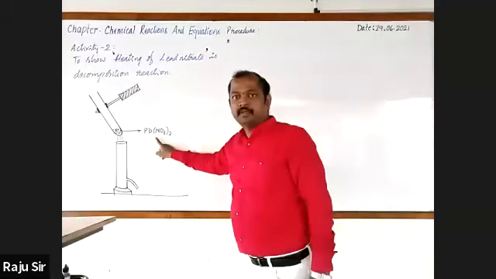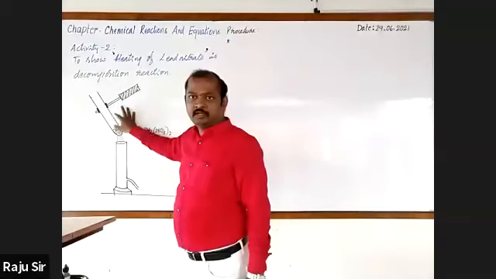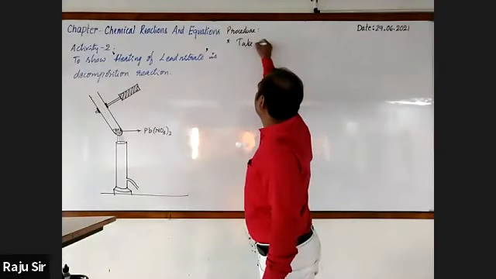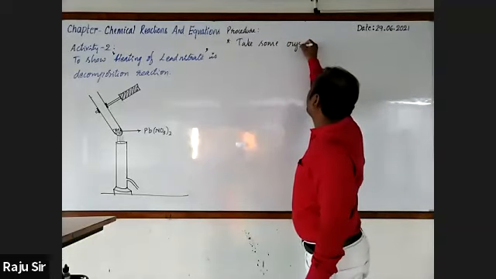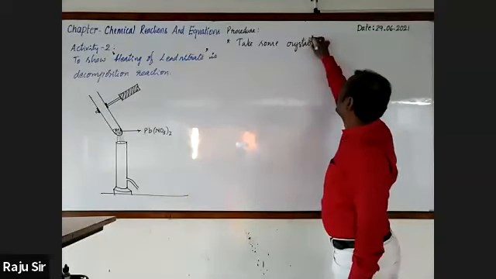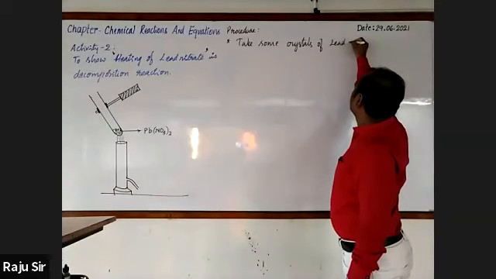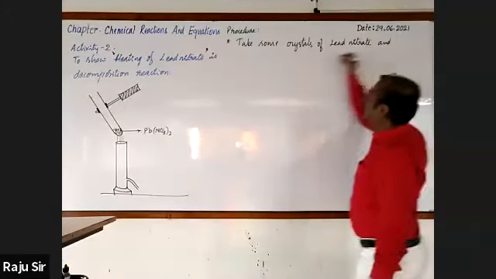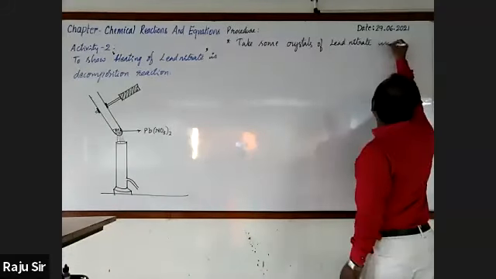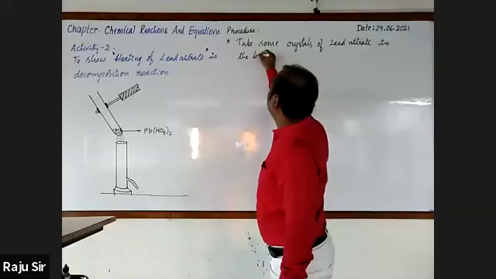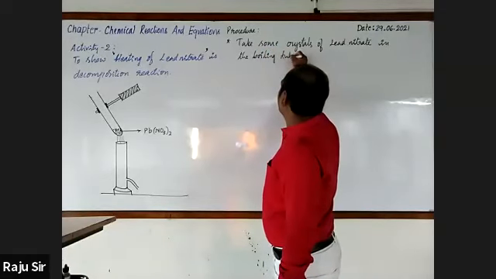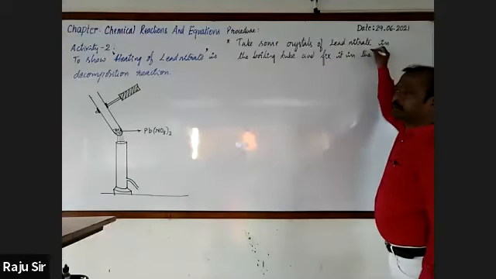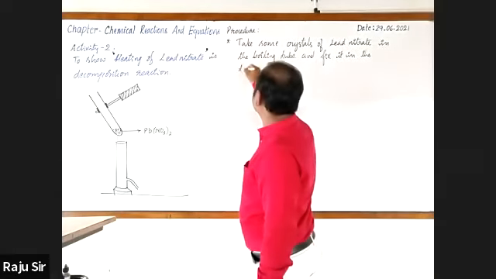Take some crystals of lead nitrate in the boiling tube or test tube and fix it in the test tube holder. Fix it in the test tube holder.